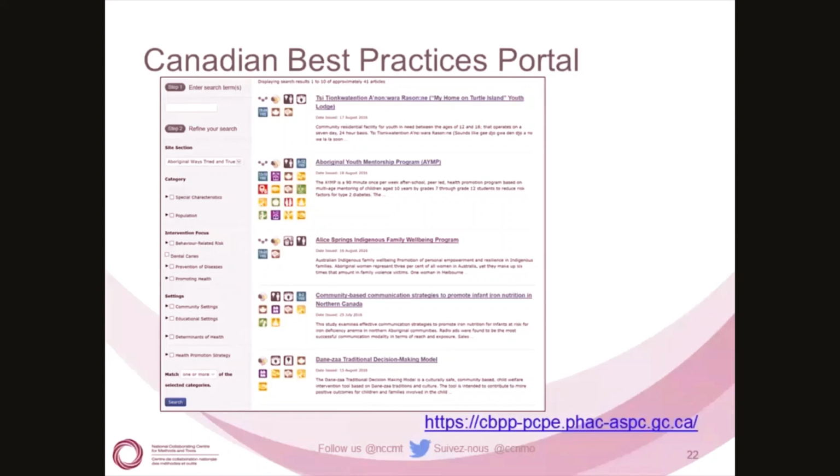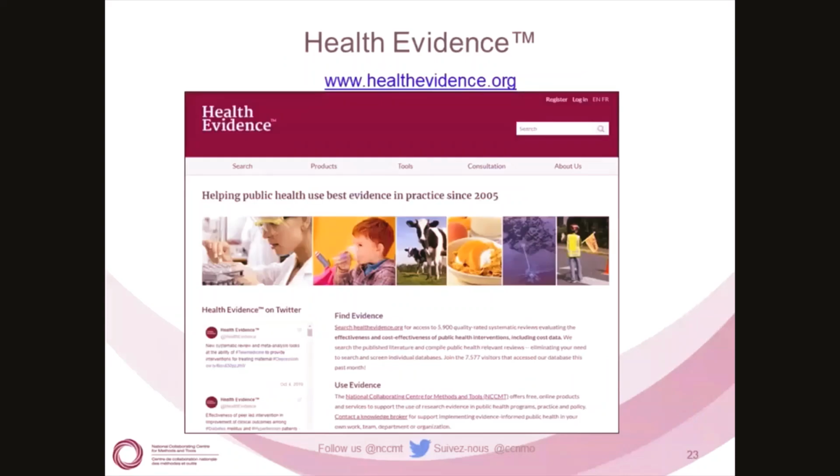Because they incorporate the Indigenous way of knowing and are based on a holistic approach, it's very relevant if you happen to have an opportunity to work with this population. So that's what I have to share about the Canadian Best Practices Portal.